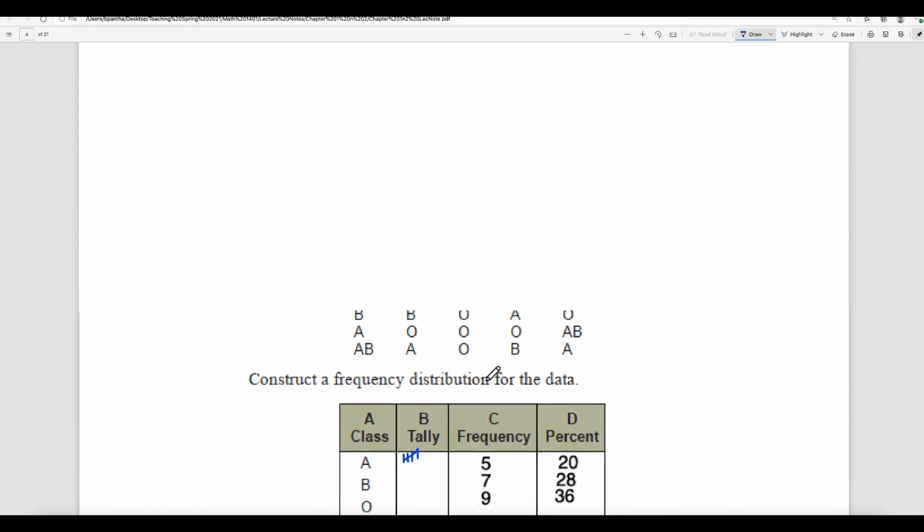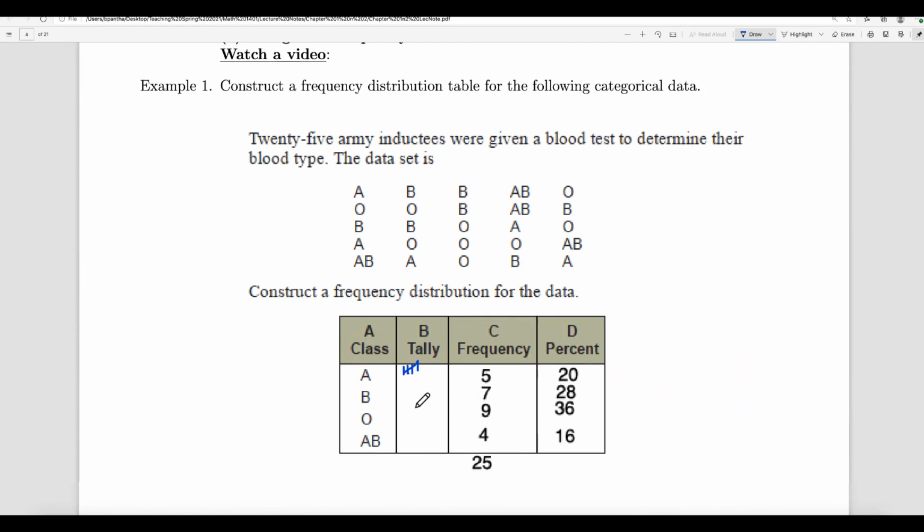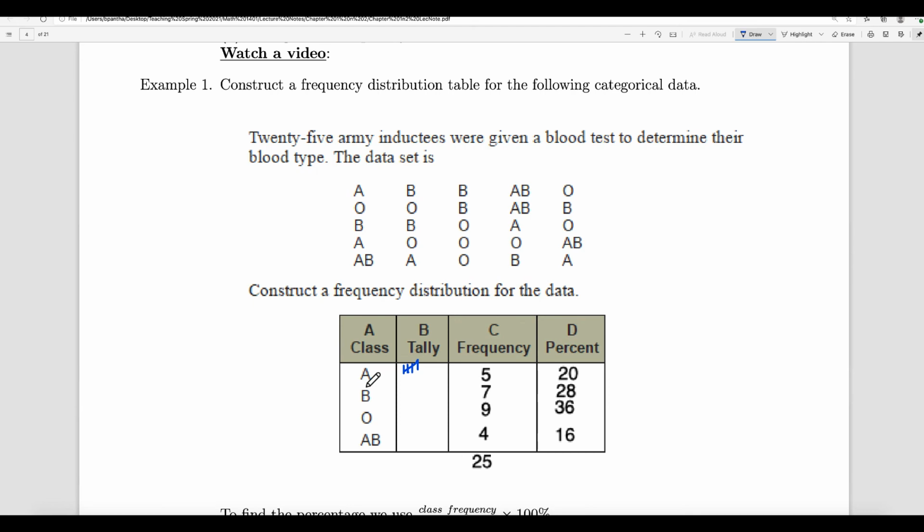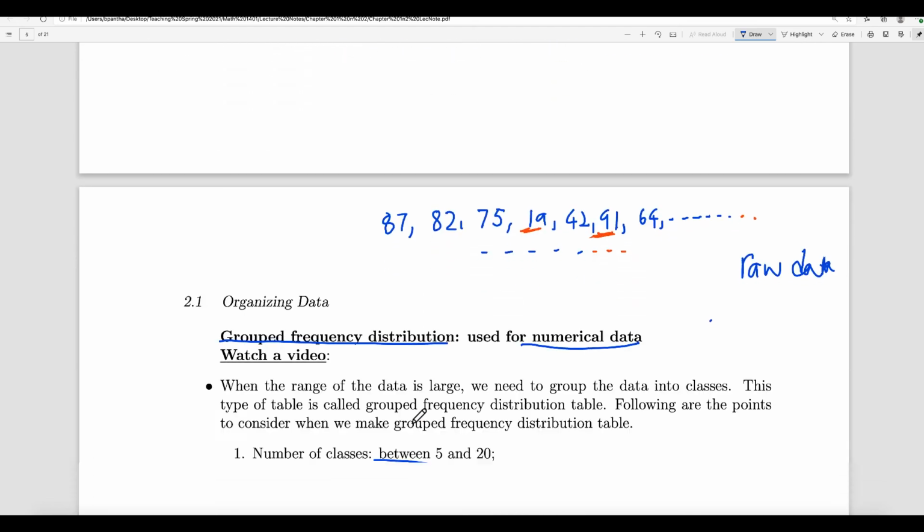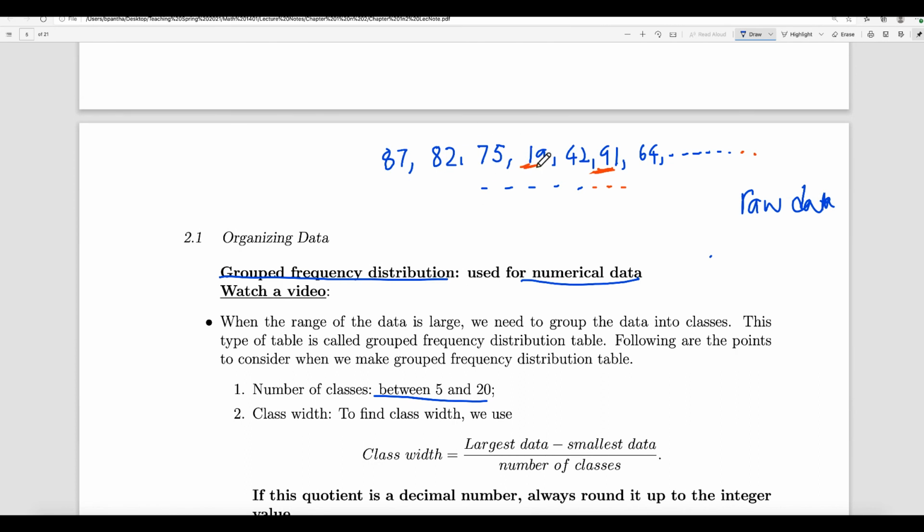In the previous example, the different categories were the classes. But here, since all the data are numbers, how many classes should we make? That depends on you. Don't choose just one or two classes, and don't choose too many classes. Usually if you choose the number of classes between 5 and 20, that looks good.